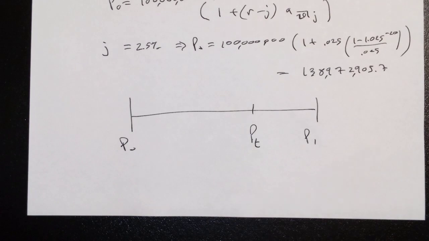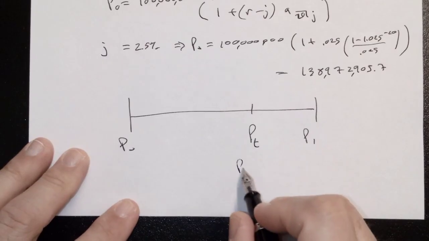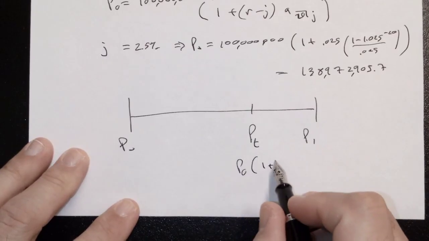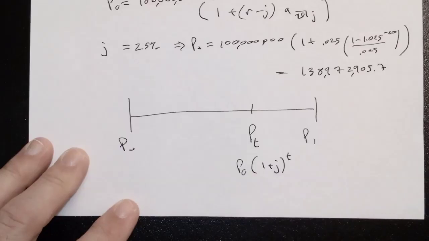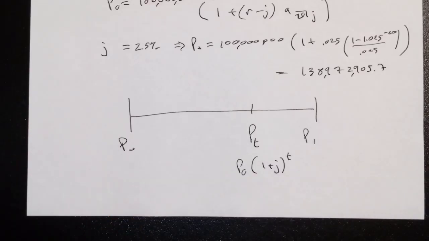Okay. Adam, you were the one who told me that if I was here, I brought it back. So if I'm here, what do I do? By multiplying by not V, but 1 plus J. So here I get P0, 1 plus J to the T. And I can bring this payment forward.